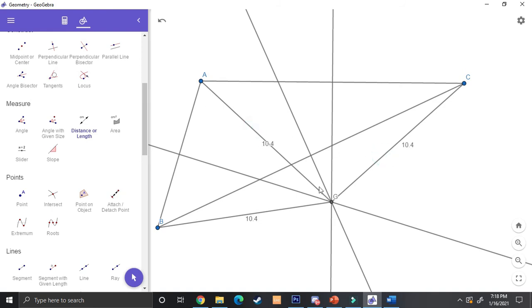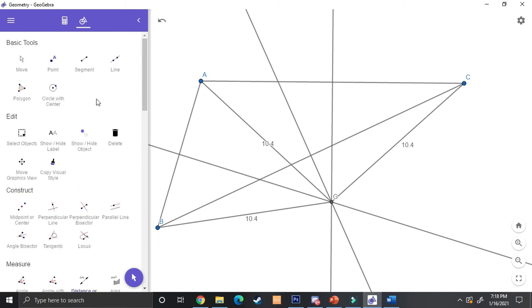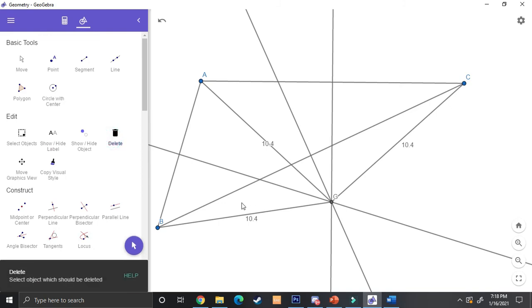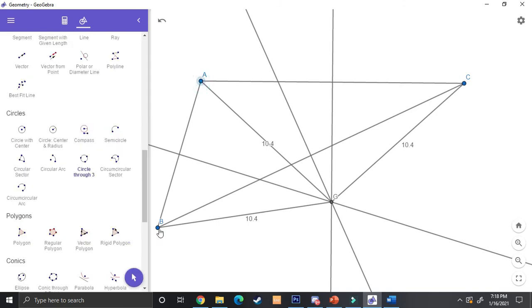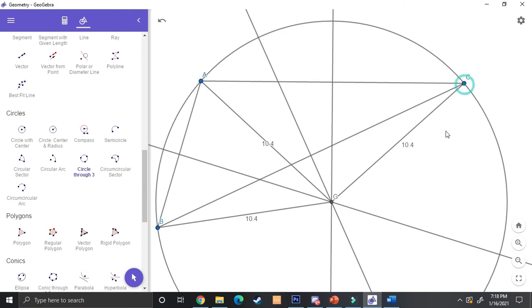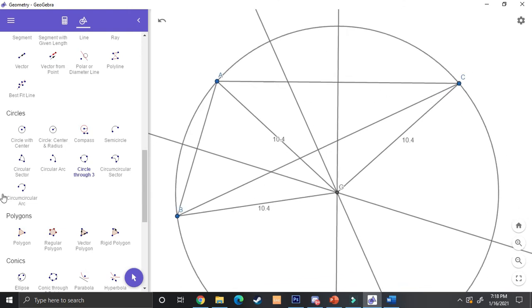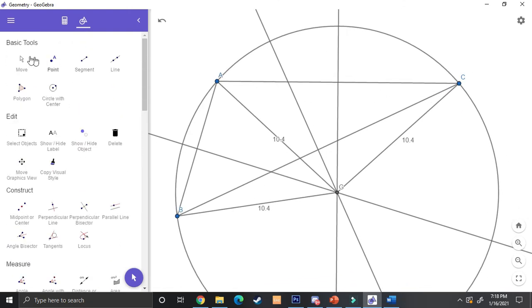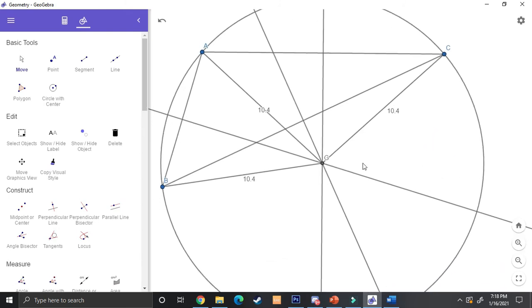See? GA is 10.4, GB is 10.4, and GC is 10.4. When you connect all three vertices, it creates the circumcircle. Now, G is the circumcenter of this circumcircle.